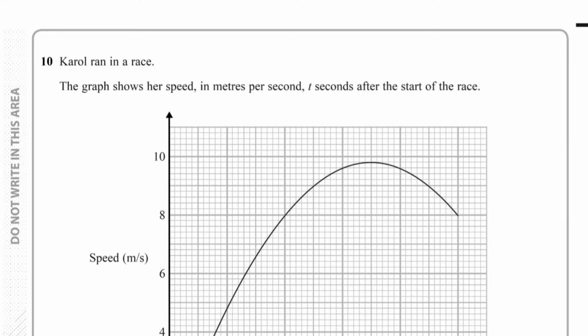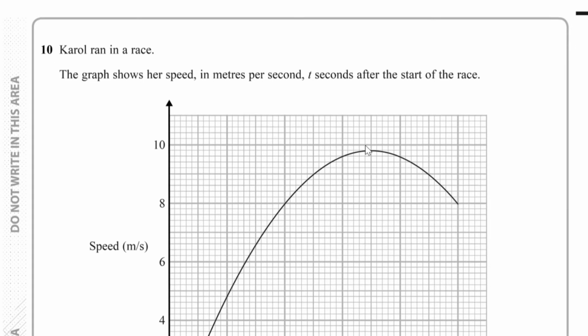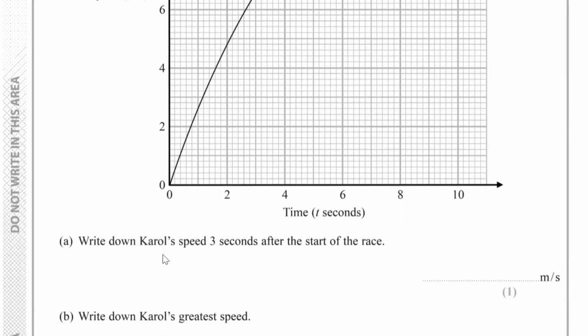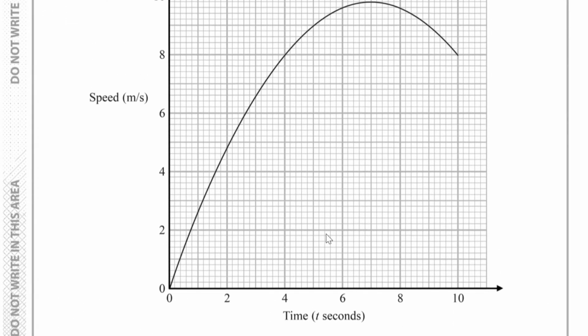Question number 10. Carol ran in a race. The graph shows her speed in meters per second, t seconds after the start of the race. For part A, we have to write down Carol's speed 3 seconds after the start of the race.